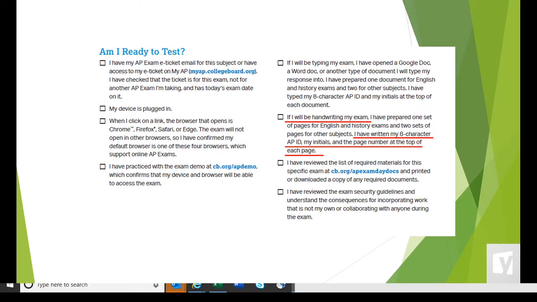Remember, we do need to make sure that we're logged in at 12:30 just to do security checks. We also need to make sure that we prepare not only our resources but our workspace ahead of time, notably the Word documents that we plan on using or the actual written pages themselves.